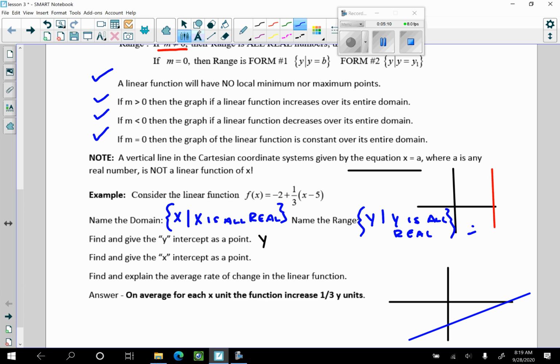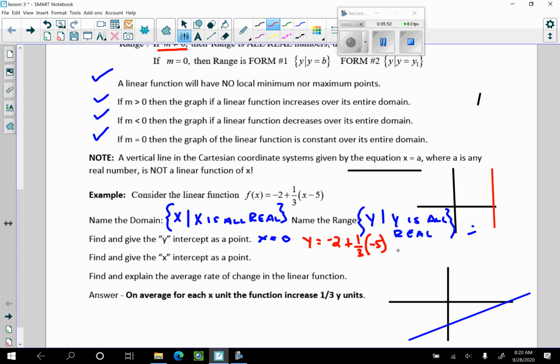Okay, find and give the y-intercept as a point. How do I find the y-intercept? I let x equal 0. If I put 0 in for x, what do I have? y is equal to negative 2 plus 1/3 times negative 5.